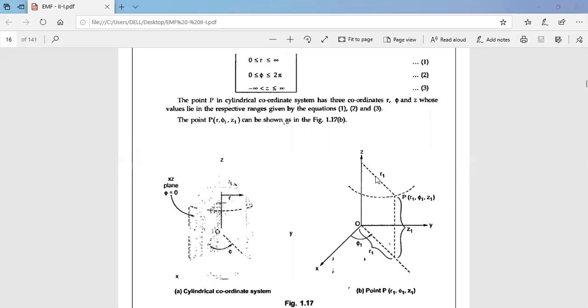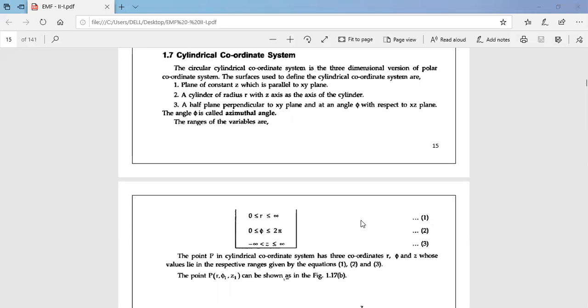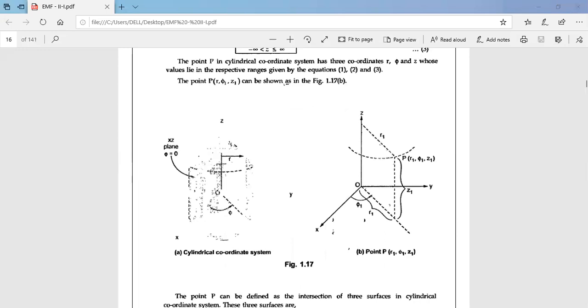So phi would start here and go around the circumference. You with me? Yes. So that would be your second coordinate. Your third coordinate would be along the Z. So your Z would go from minus infinity to plus infinity.